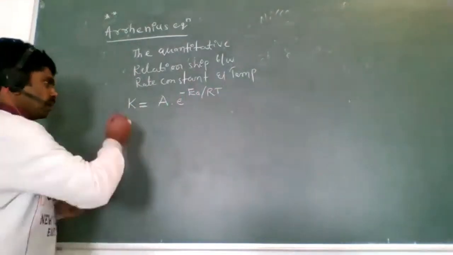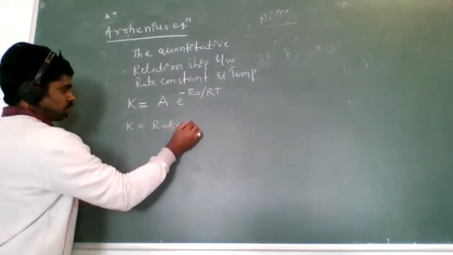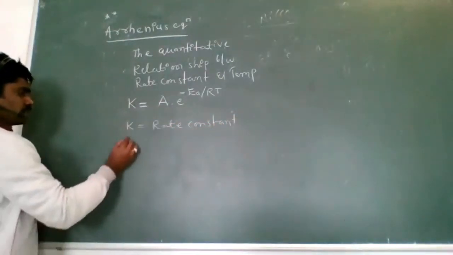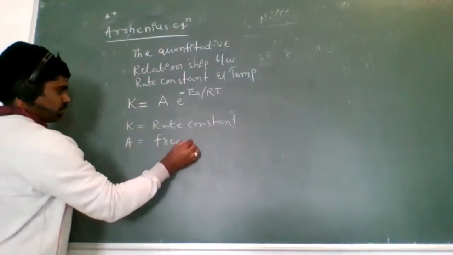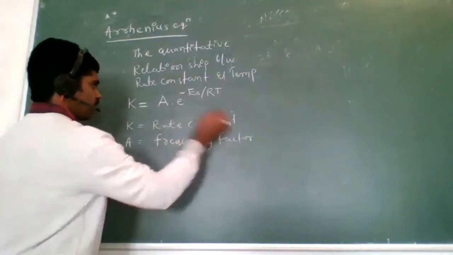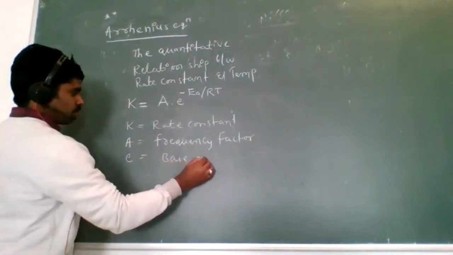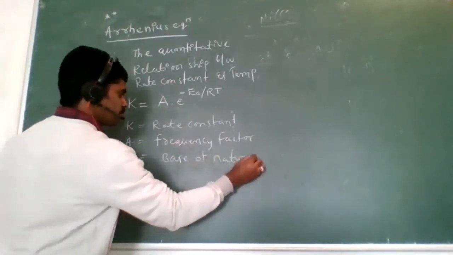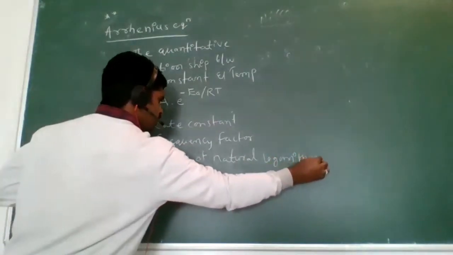So now look here, what is the k? k is the rate constant. Here A is the frequency factor. e is the base of natural logarithms.